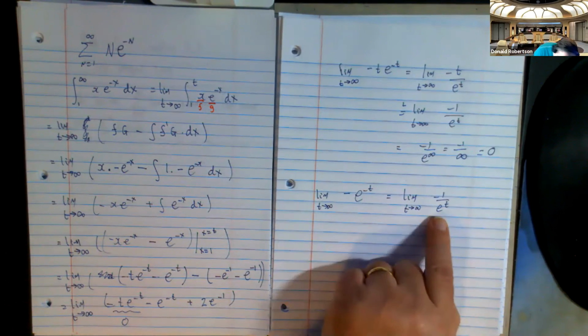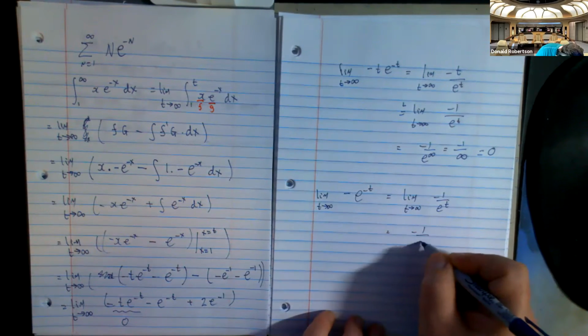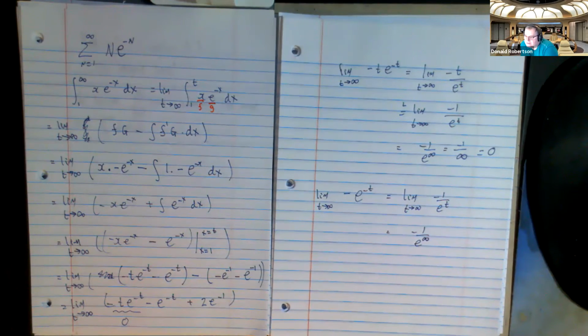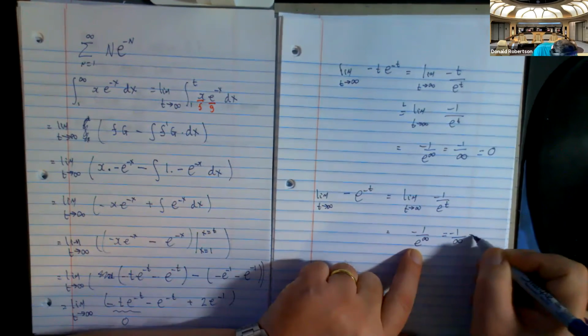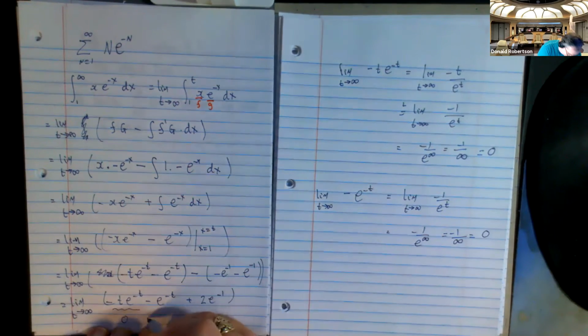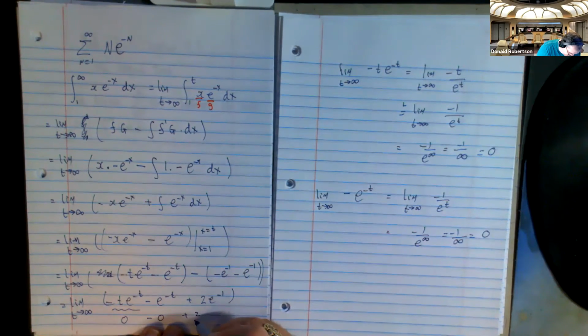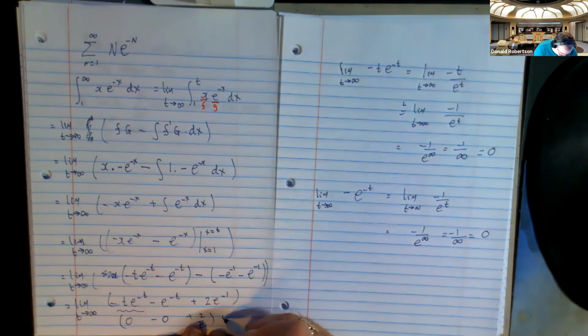I'm just rewriting it this way because if you write it like this, isn't it a little bit more obvious what the brute force answer is going to be? Because 1 over infinity is 0, so you get negative 1 over infinity, you get another 0. And this guy is basically 2 over e. So our integral converges.